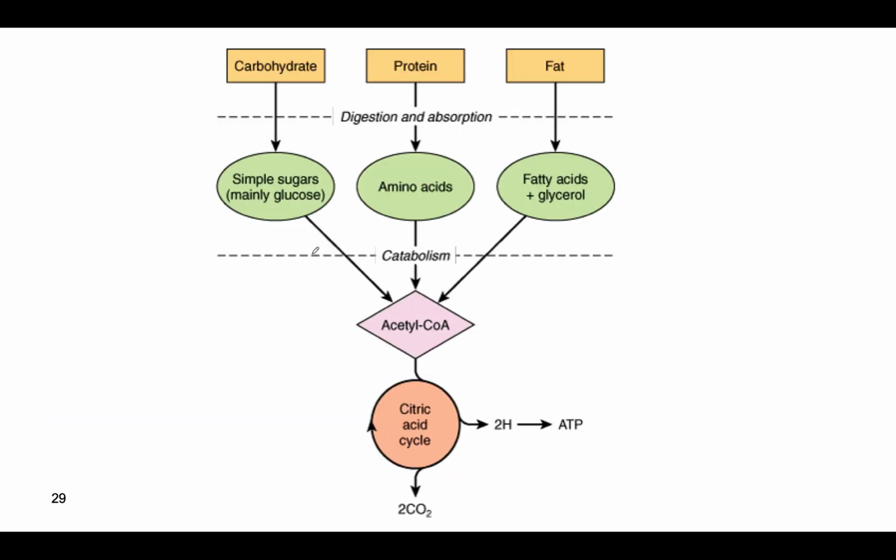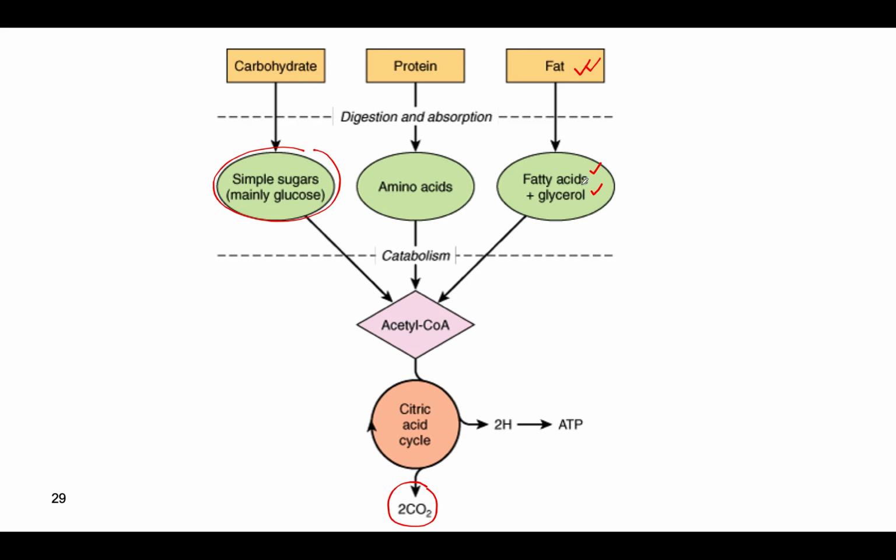So, we have talked a lot about carbohydrates. We converted carbohydrates to acetyl coenzyme A, citric acid cycle, carbon dioxide, and then the electron transport chain. Now today we talked about fats and fatty acids. We talked about the metabolism of triglyceride, which undergoes lipolysis to produce fatty acid and glycerol.